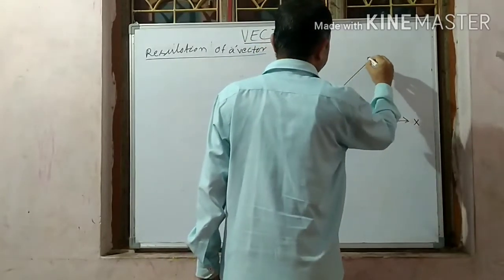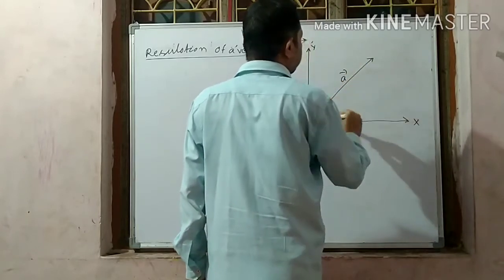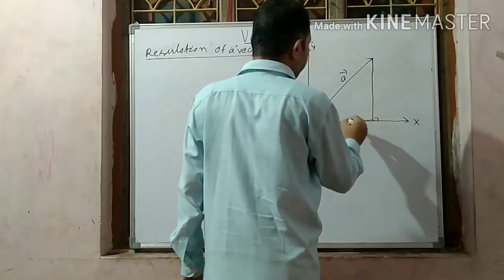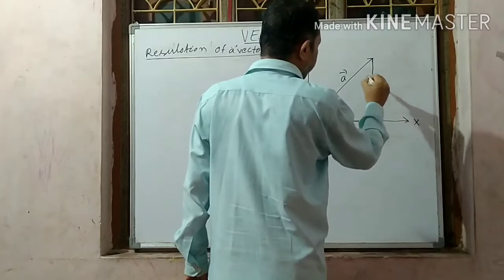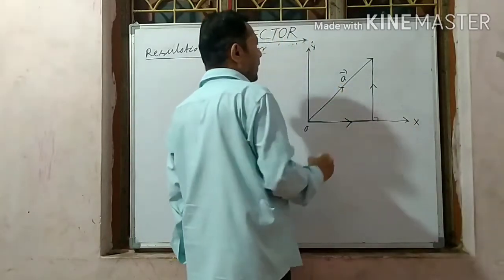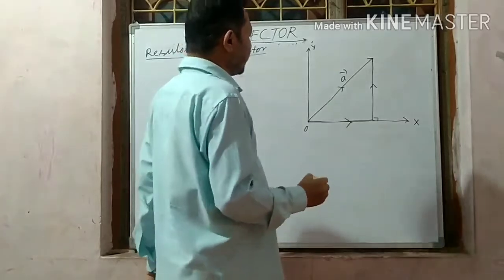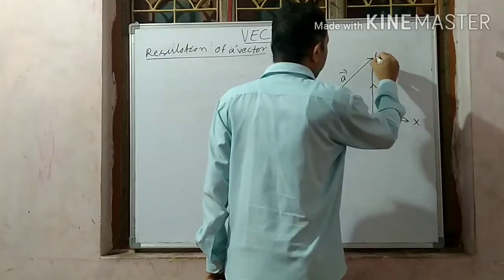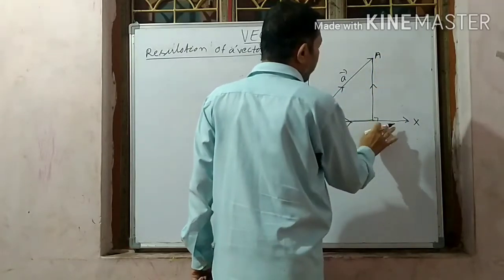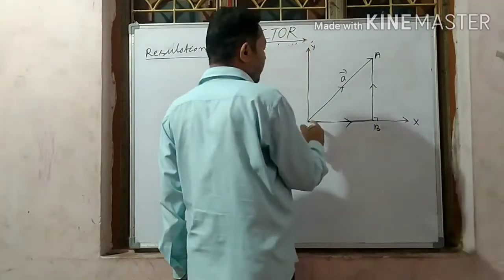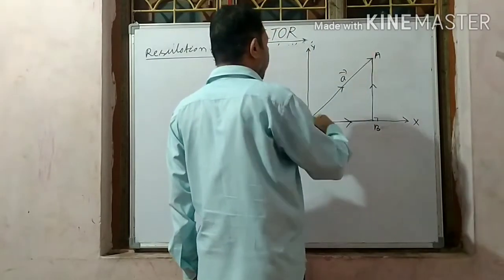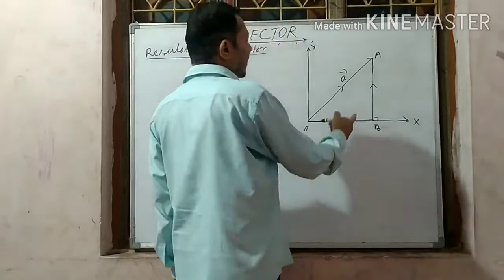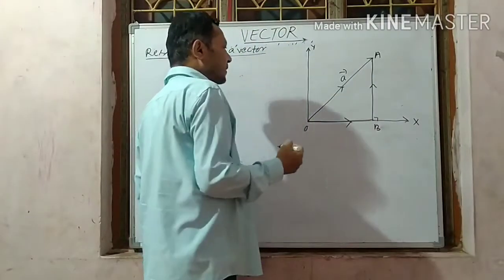Suppose a vector is like this, vector A. Drop a perpendicular here and you see this is a vector, this is another vector. Vector A is nothing but vector OA, this is vector OB plus vector BA, that is vector OA. Vector OB is along x axis and vector BA is along y axis.